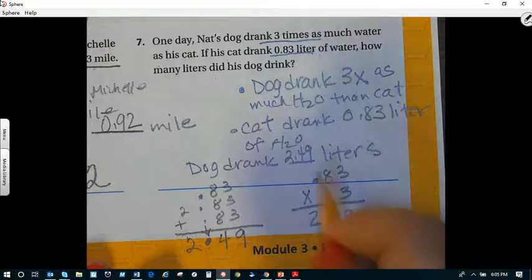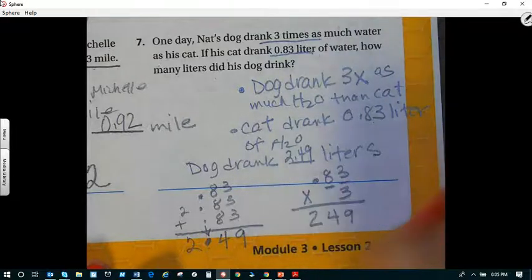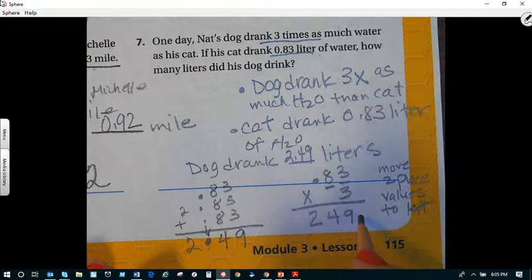And moving it over, that's 1, 2. So I'm going to move 2 place values over to the left. Start where the end of my 1's at, and I move 1, 2, and my answer is still 2 49/100.